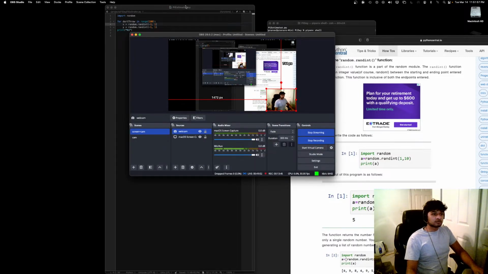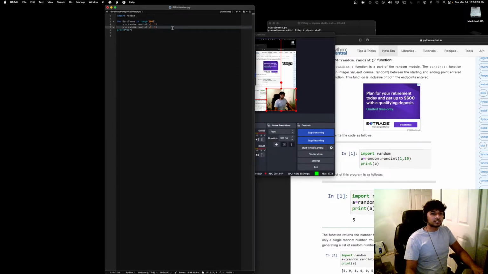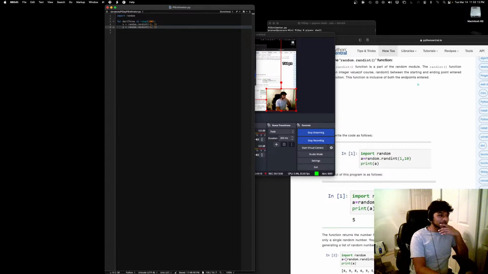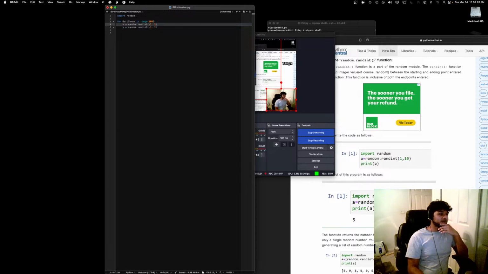We're doing okay though. It's 11:52, 8 minutes. Let's see how we do. For dart throw in range 100 dart throws: our x coordinate, our y coordinate, our ratio. No, we can't do a ratio yet.